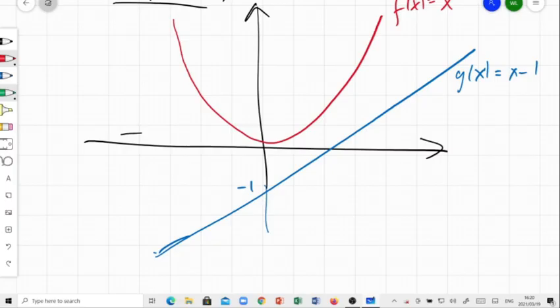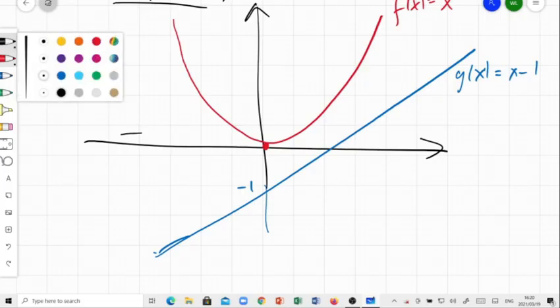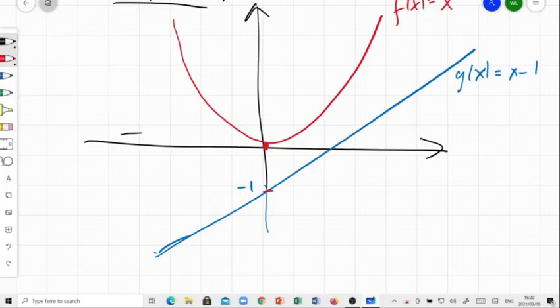Let's look at the action of my old function f of x equals x squared at 0. Here the action is just 0, since 0 gets transformed into 0 squared. Now the action of the blue function, my g function, at this point is going to be minus 1.